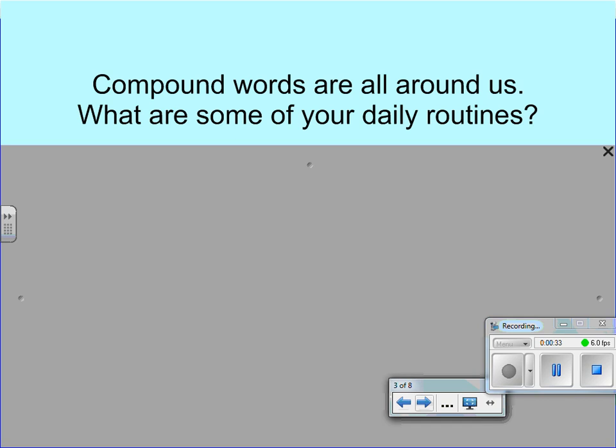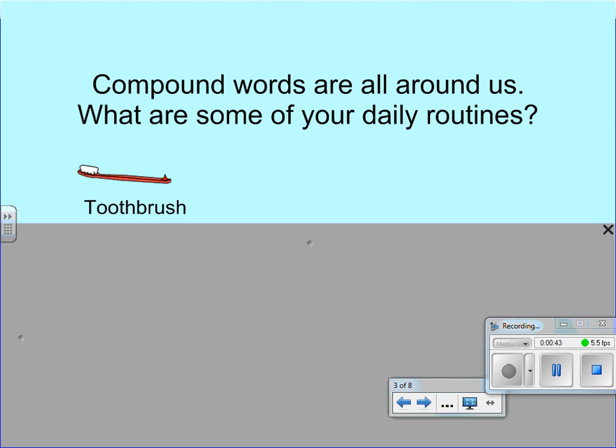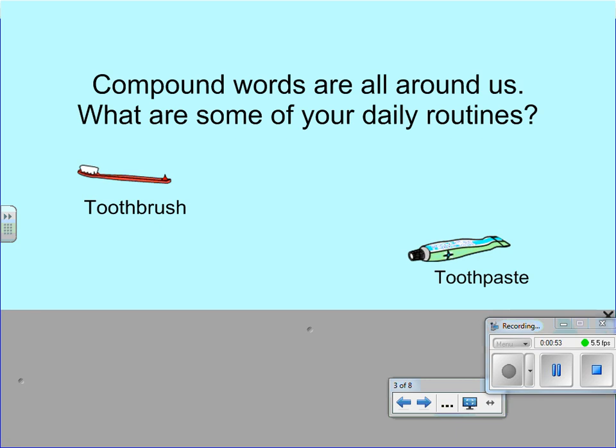What are some of your daily routines? I bet this morning, before you left for school, you brushed your teeth. To do this, you used a toothbrush. A toothbrush is a compound word. But when you used your toothbrush, you would also need toothpaste.